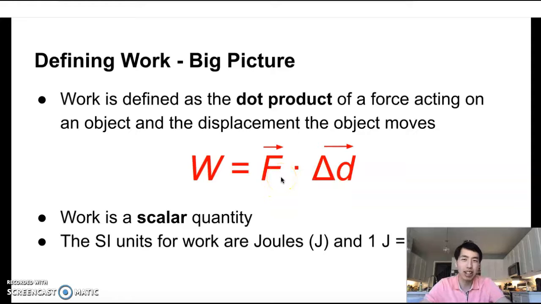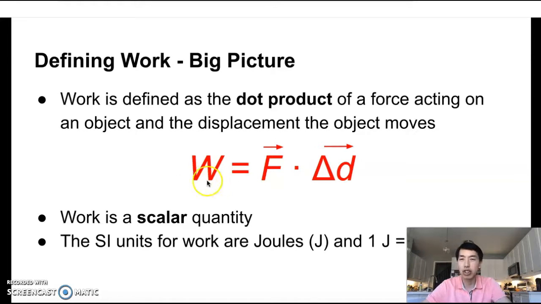So shouldn't the answer also be a vector? Well, it's actually not. The dot product gives you a scalar at the end of the day, and that's why this W does not have an arrow over top of it. So work is a scalar quantity.